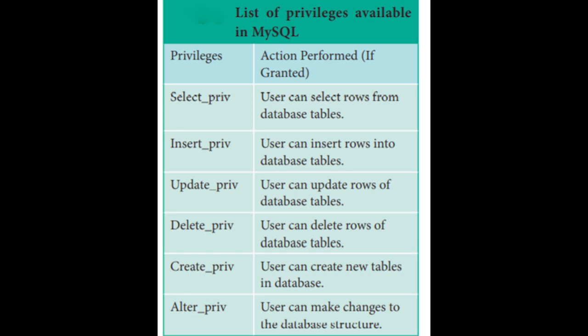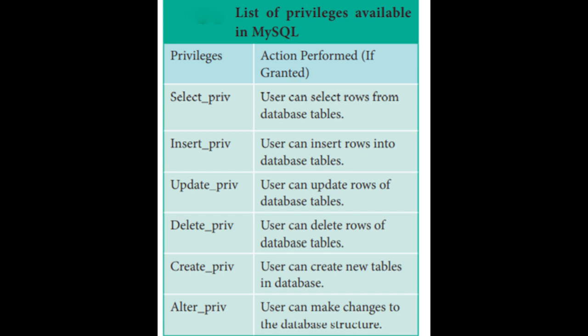Here, select privileges means the user can select rows from the database table. You will have created a table and you can update the rows of the database using update privileges. And if you have done something wrong and you want to delete one row, you can use delete privileges. Delete privileges is used to delete the rows of the database table.